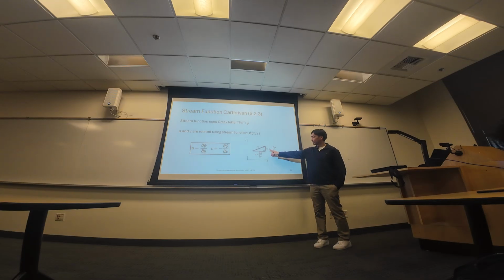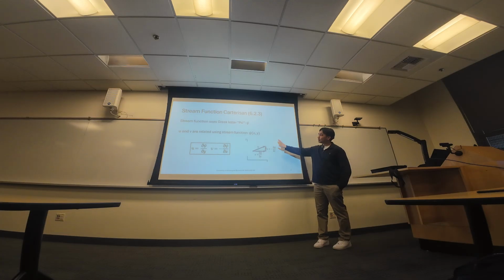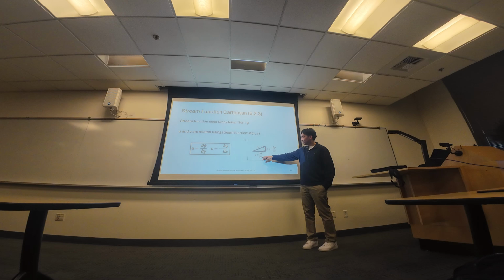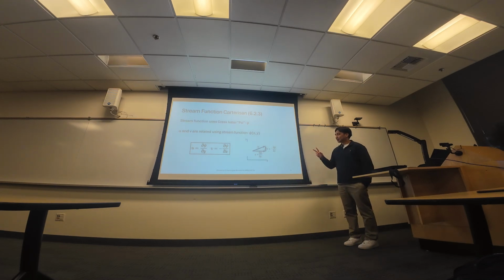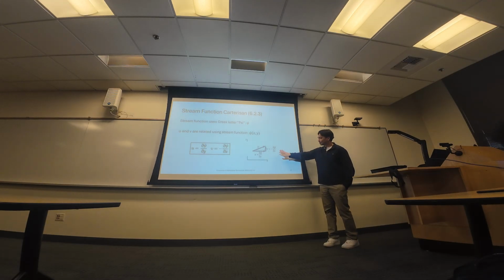Your velocity in the v direction is negative of your psi, stream function, with respect to x. The x direction is your stream function with respect to y. If you remember from Calc 2, it's always like that. I can't remember the exact reason, but when you're solving for something in x, I guess this is for x, but this is for y.